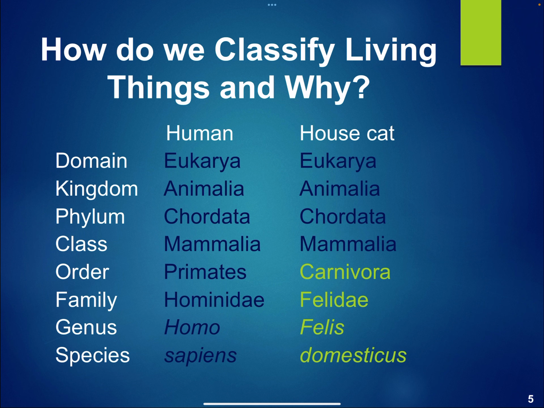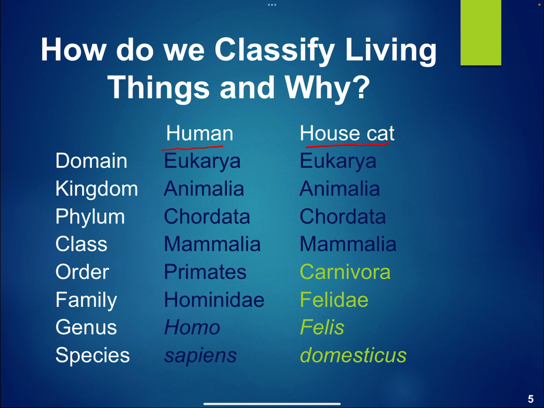If we consider, for instance, a human and a house cat, these two organisms belong to the domain of Eukarya. These are eukaryotic organisms. These two organisms fall in the same kingdom of Animalia. They are both animals. A house cat and a human, they are both animals.